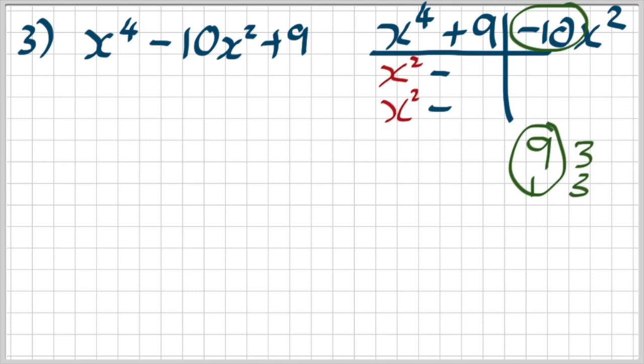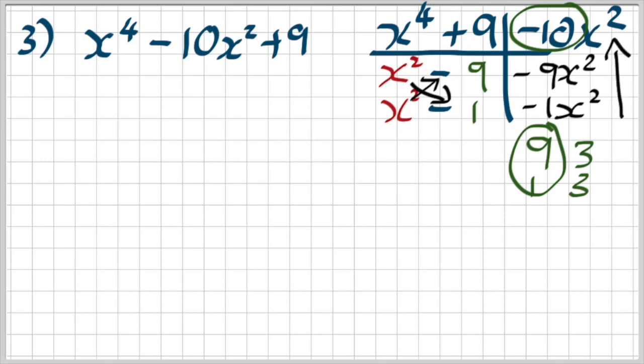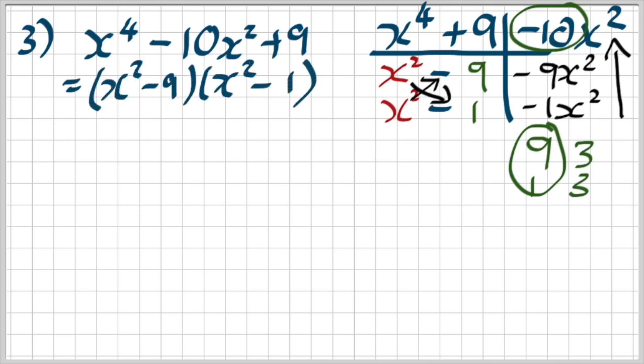So therefore, I'm going to try 9 times 1. If I cross multiply now, oh my hat, negative 9x squared minus another 1x squared. Well, that does give me negative 10x squared. So yes, my two brackets are x squared minus 9 and x squared minus 1 because it does work out there.